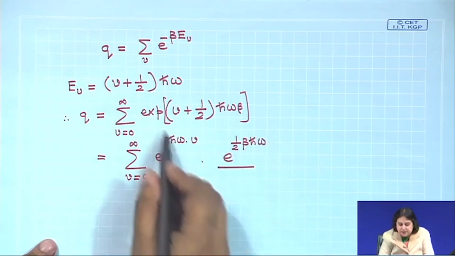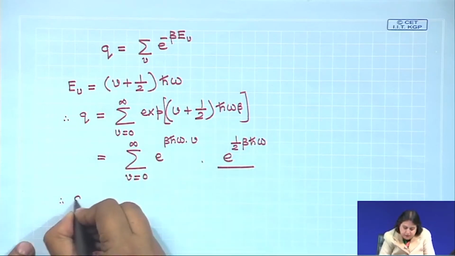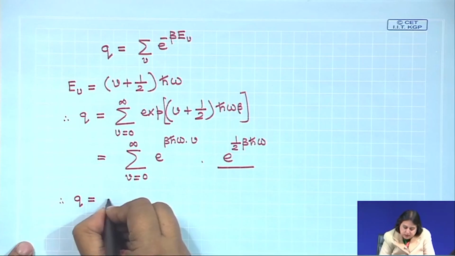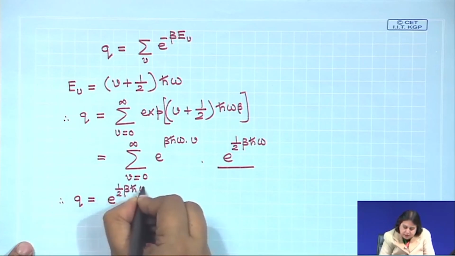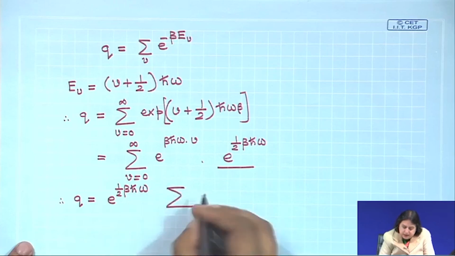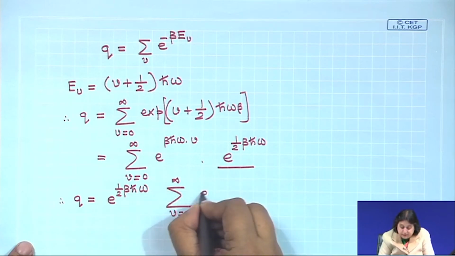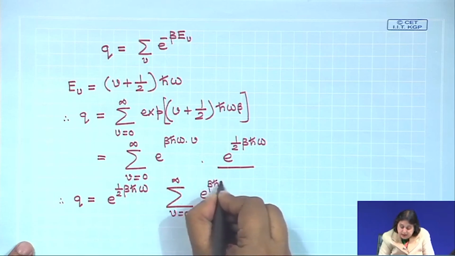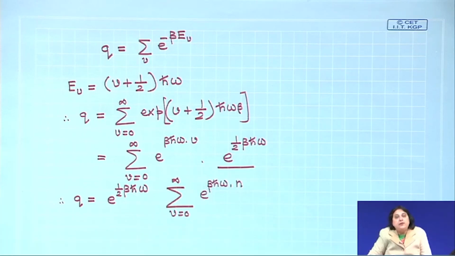Obviously, this term does not depend on the summation, so I take it out of the summation, and therefore, I find that small q is equal to e to the power of minus half beta h cross omega into this infinite summation. And the moment you have some infinite summation, you should be aware that this is something that you need to evaluate if possible for this expression to be practically useful.